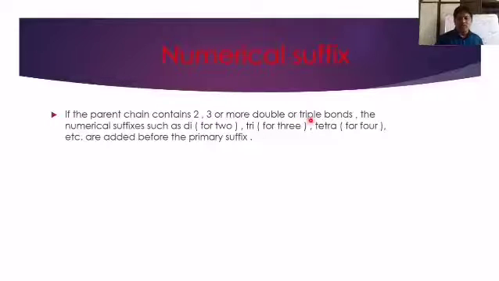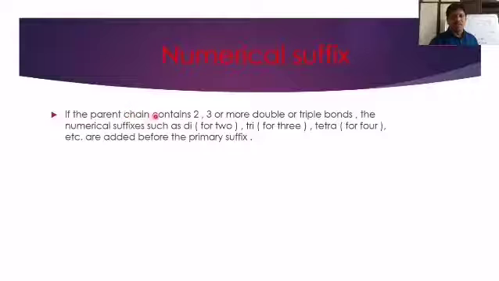Suppose in one compound, imagine 2 double bonds are there. 2 double bonds means we say diene. If 3 double bonds are there, triene. Tri represents that the double bond is repeated 3 times. Diene means the double bond is repeated 2 times. The di is called a numerical suffix. Tri is called a numerical suffix.